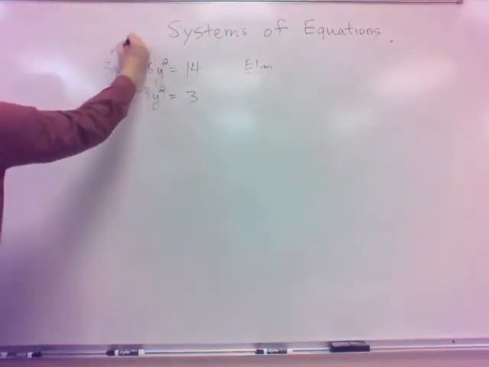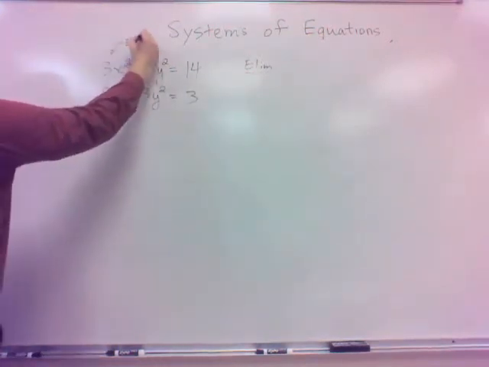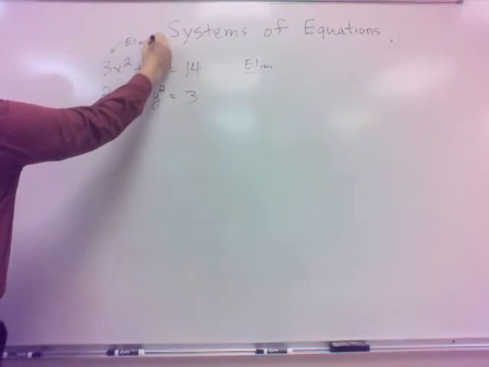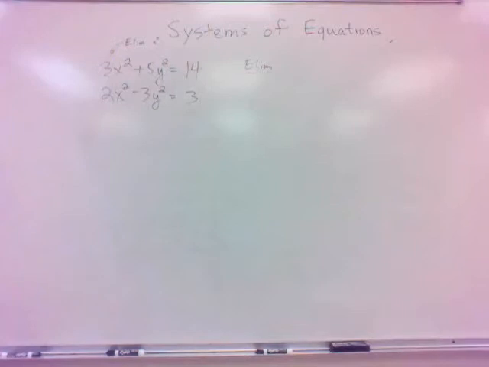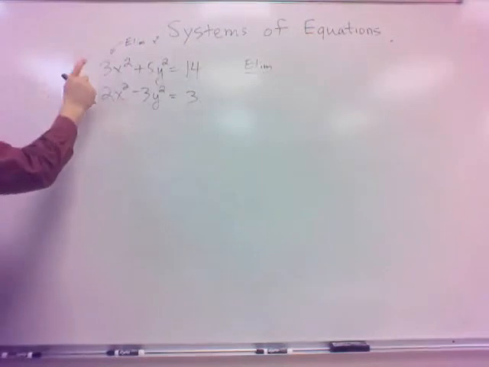Okay. I'm going to eliminate the x's, the x squareds. And so both of them need to be 6x squared, one a positive 6x squared, the other negative 6x squared. So I'm going to multiply what? The top by 2.